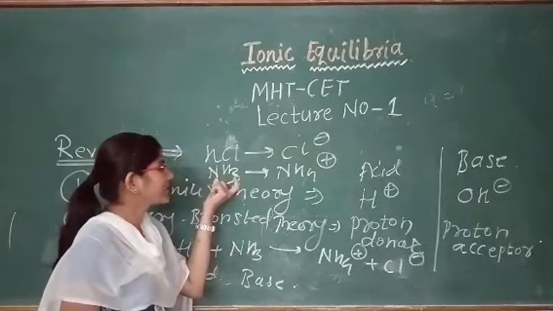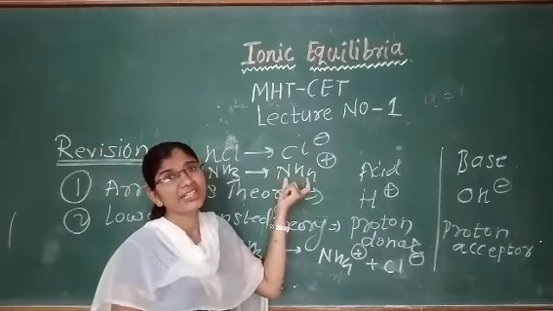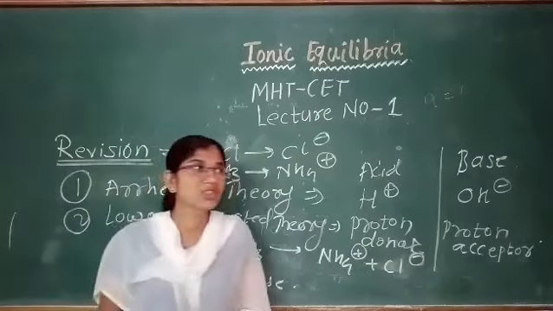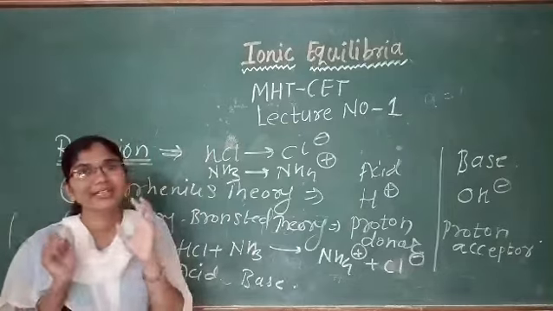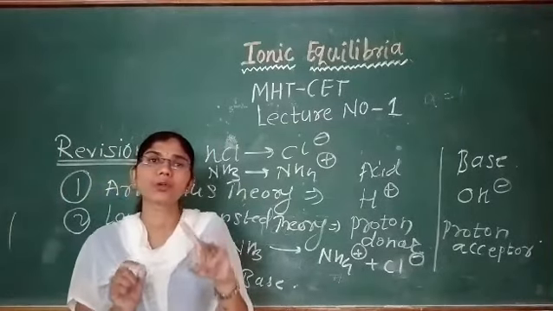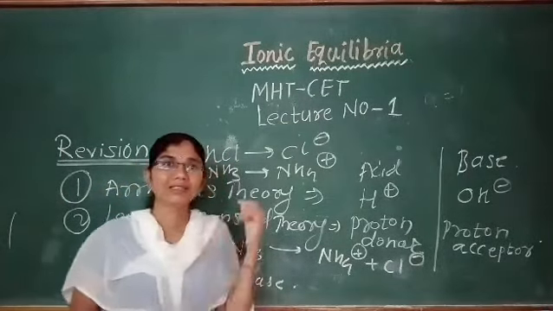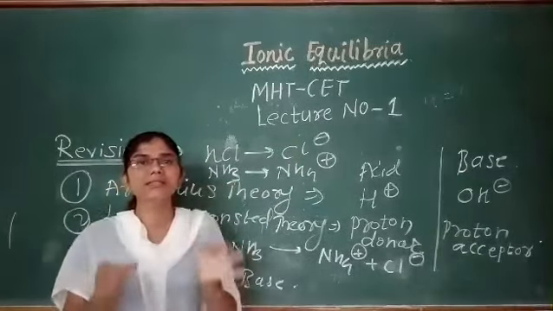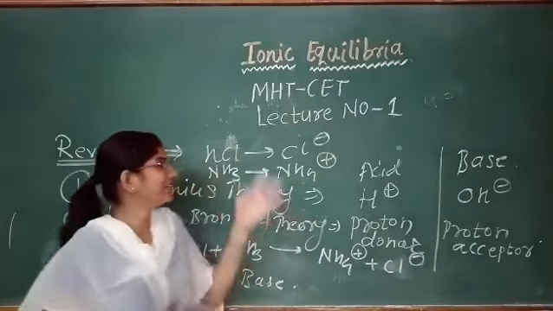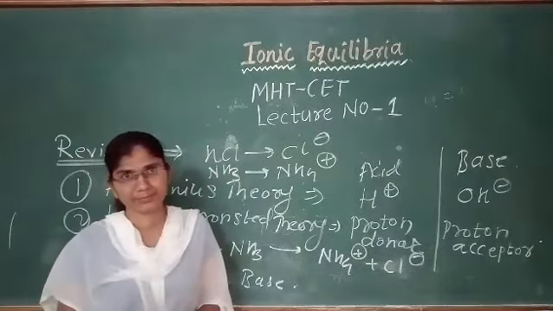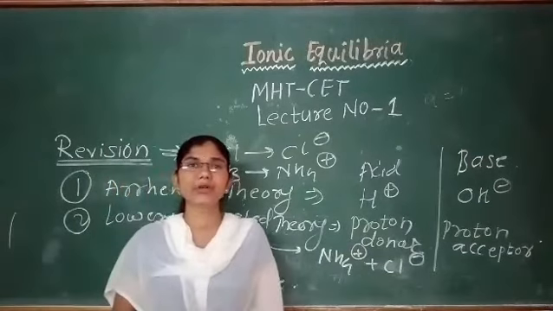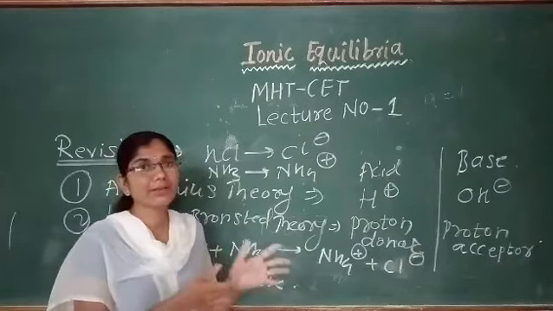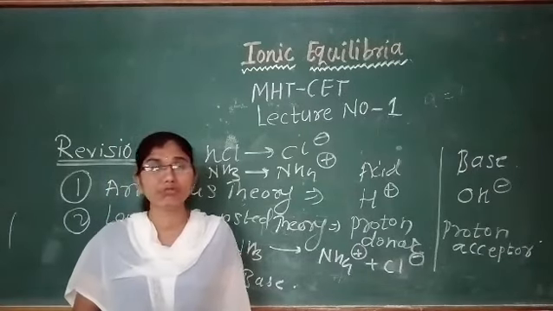If this is the base, then this is the conjugate acid of this base, because the conjugate acid has one proton more than the base, and the conjugate base has one proton less than its acid. This is a very important concept from the exam point of view and the MCQ point of view.